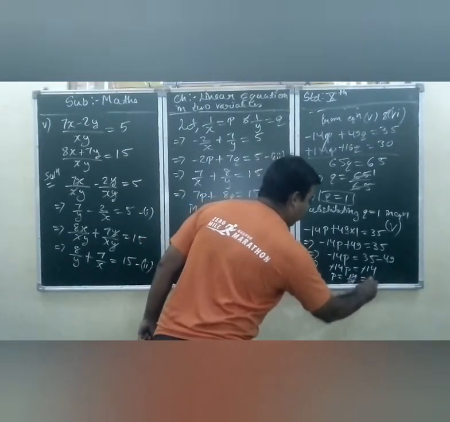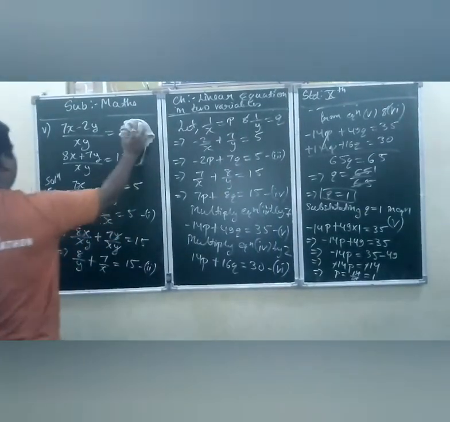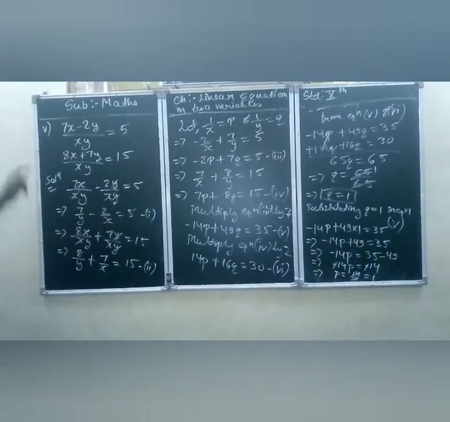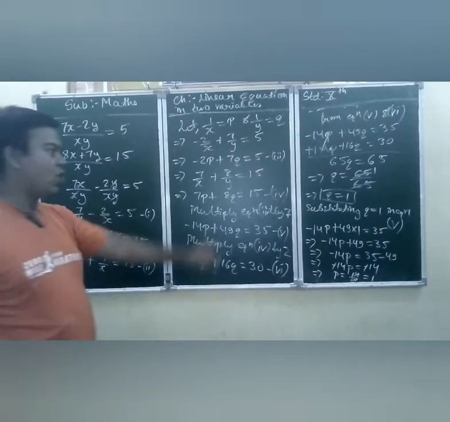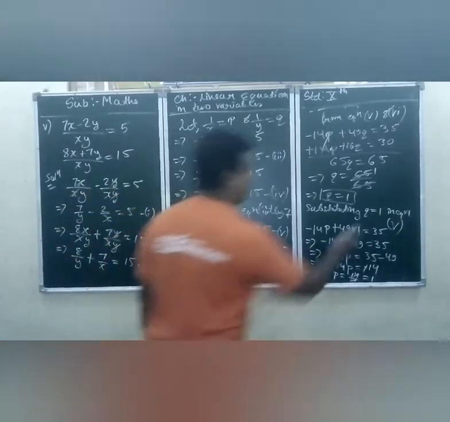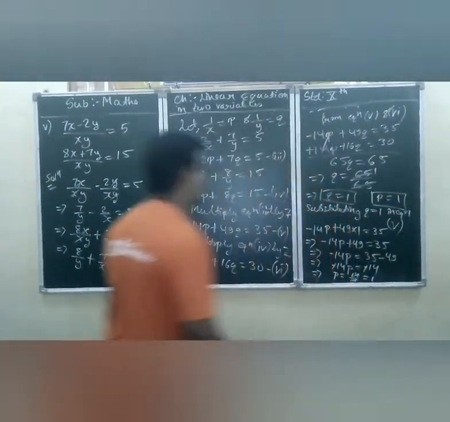So the p value is 1. Just see this question, this is the step. Now we have the p value and q value.